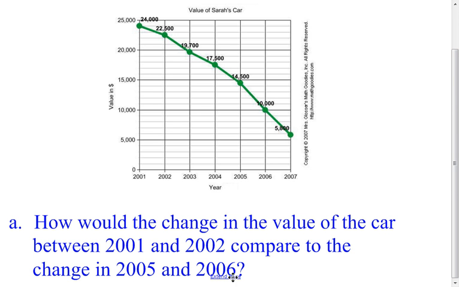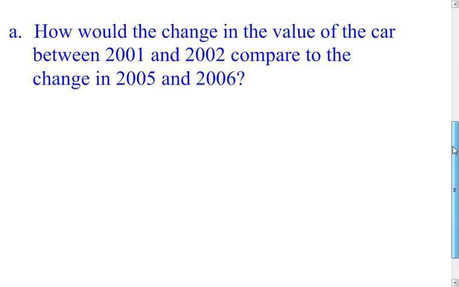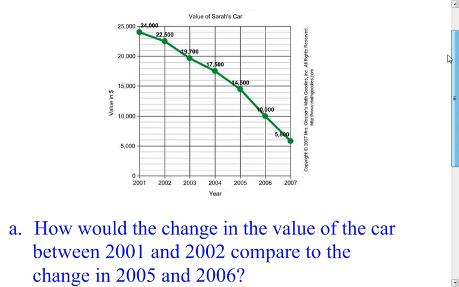So if we look at our graph, in the year 2001, it's 24,000, right here, to, in the year 2002, 22,500.